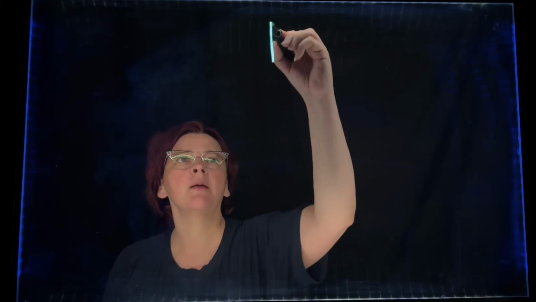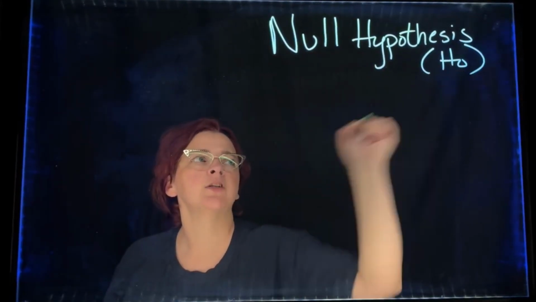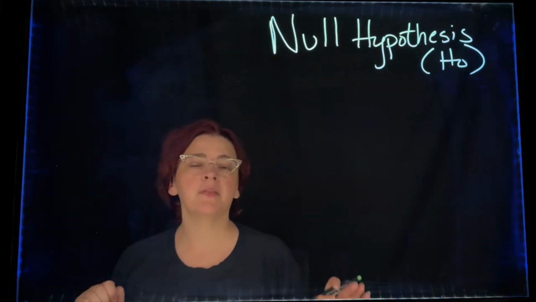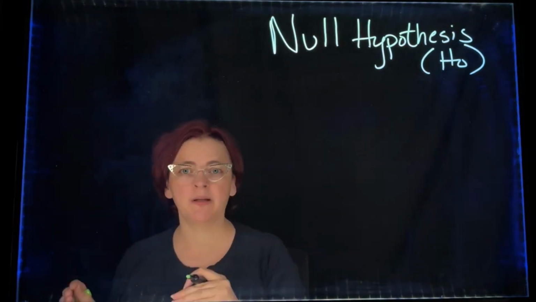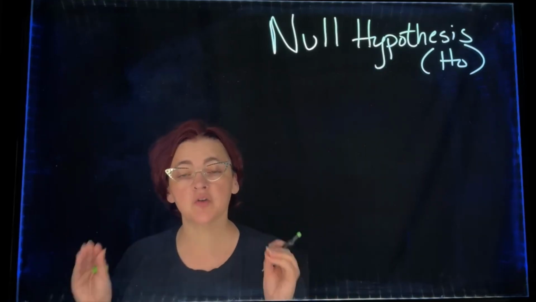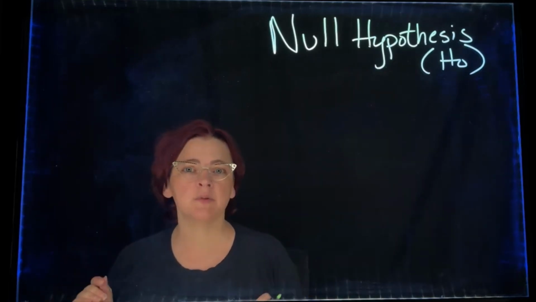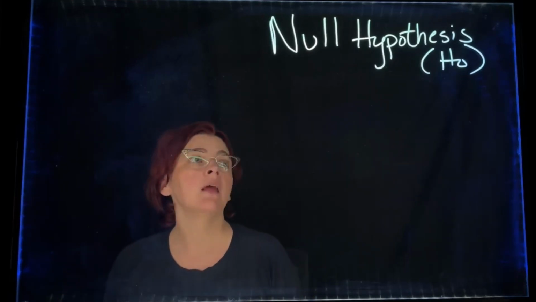Alrighty. So when we're looking at experimental design and thinking about our question, we need to come up with our null hypothesis, and we abbreviate that as H0. The null hypothesis is basically the hypothesis saying that our experimental data and our control data are essentially the same. So there's no difference between the control and the tested outcome.